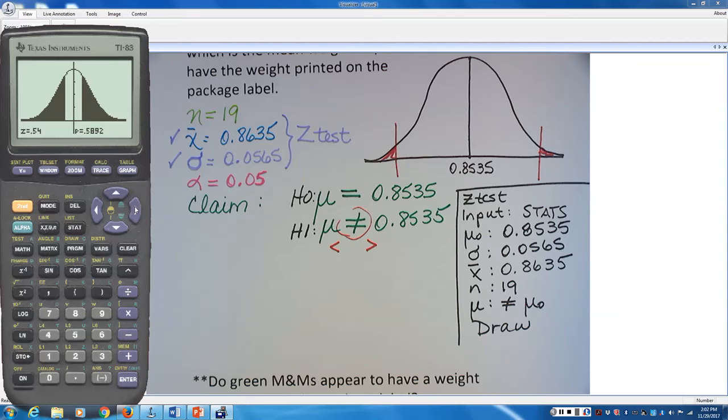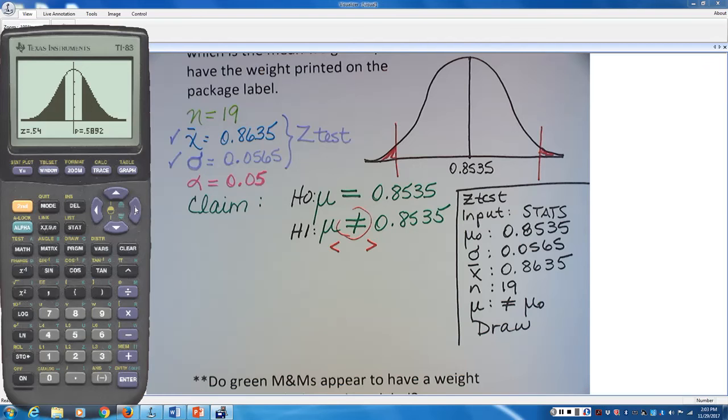Now, I made the area in the tails really small because sometimes it is. But that area in the tails is not small. It's huge. So here's a little rule of thumb for you. If you don't see very much black shading when you get to the draw screen, that means H0's probably not true.